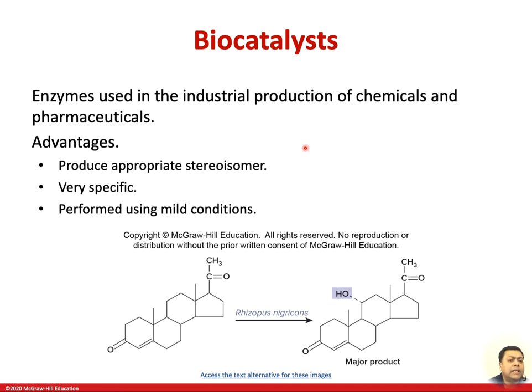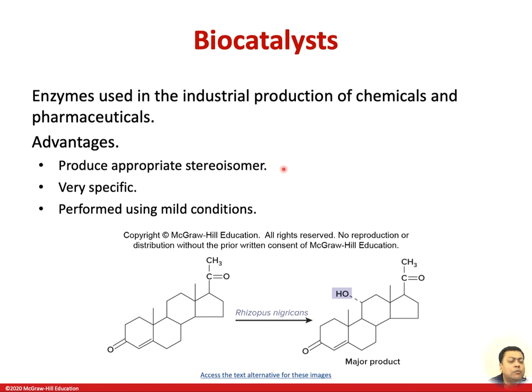The advantage of using a microorganism rather than just a chemical process is that they produce the appropriate stereoisomer. What we mean by stereoisomers: you all know that there are many products, for example amino acids, that exist in the D and L forms. We always use the L form of the amino acid, not the D form.